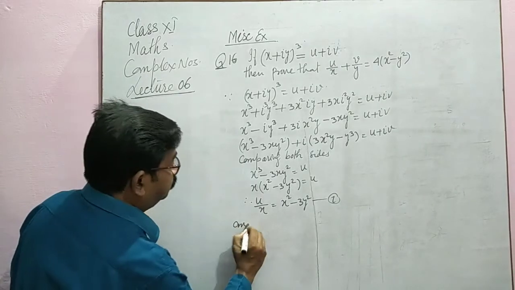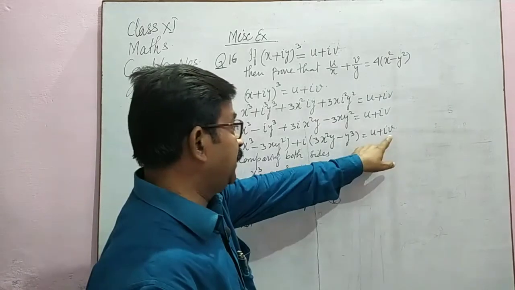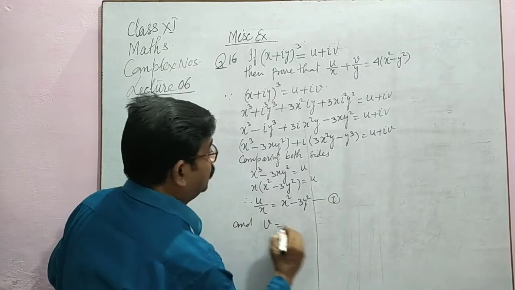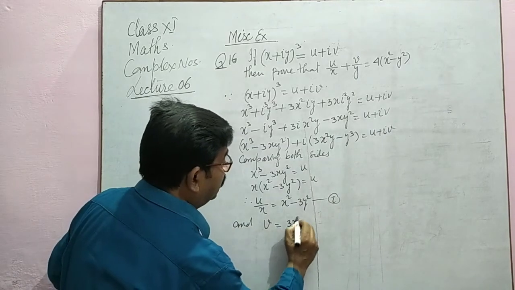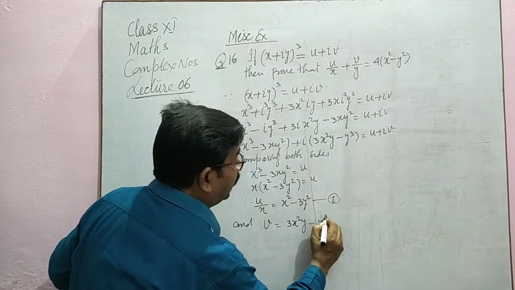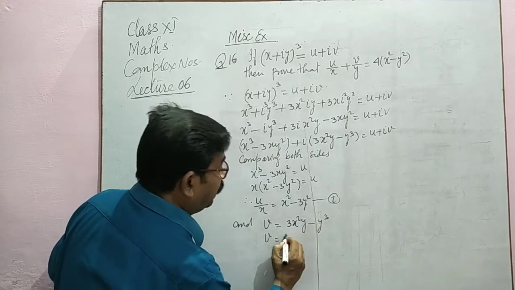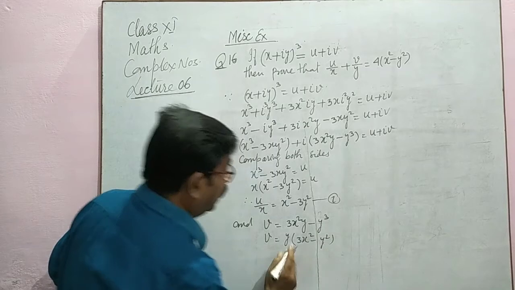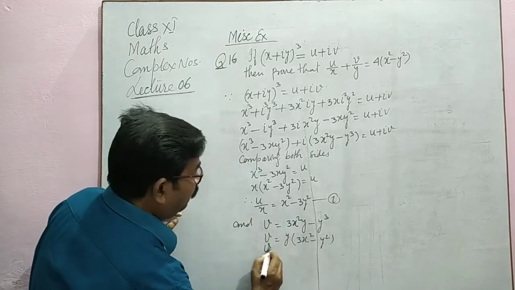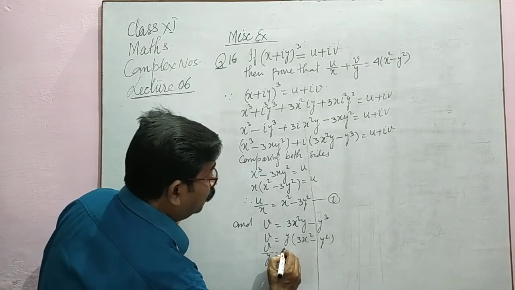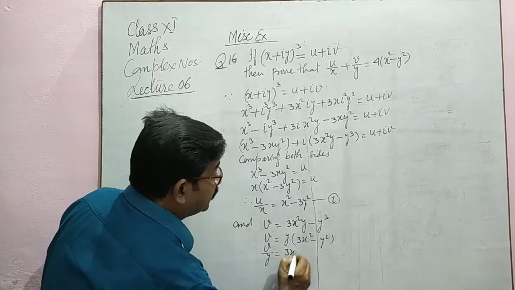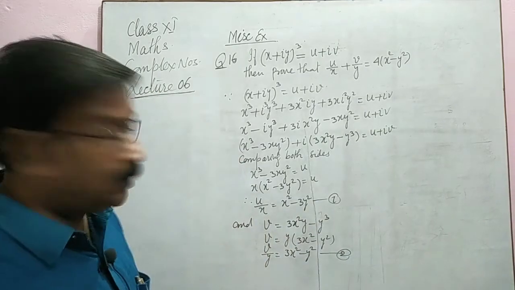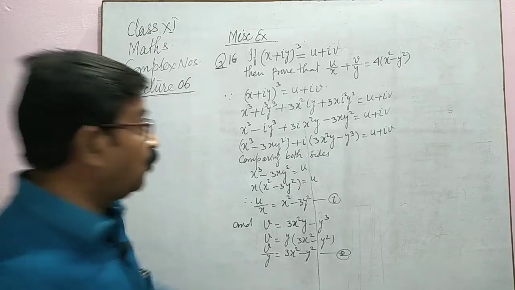And v is equal to the imaginary part, so v = 3x²y − y³. Take y common, v = y(3x² − y²). Bring this y to this side, so v/y = 3x² − y², equation number 2.